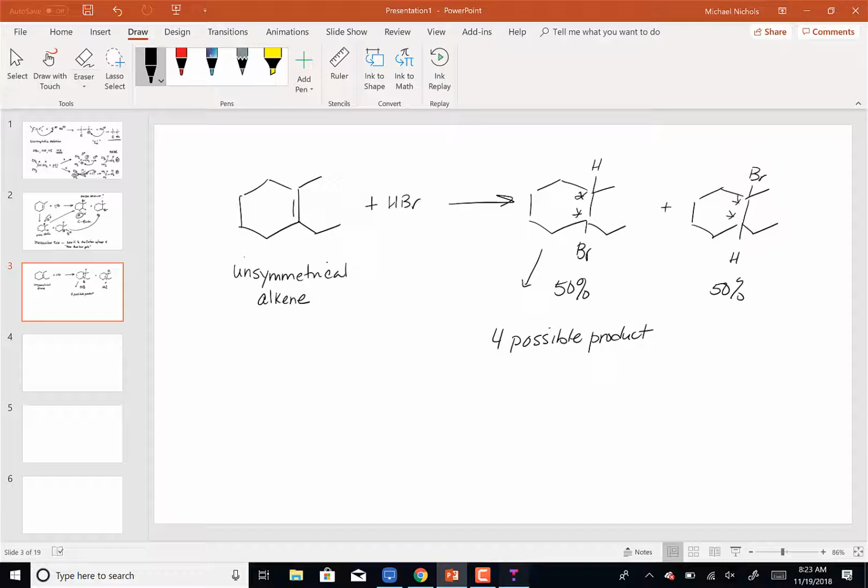Okay. So that means that I could have the hydrogen and the methyl group and the bromine. I could have it added cis, or I could add the hydrogen and the bromine trans.